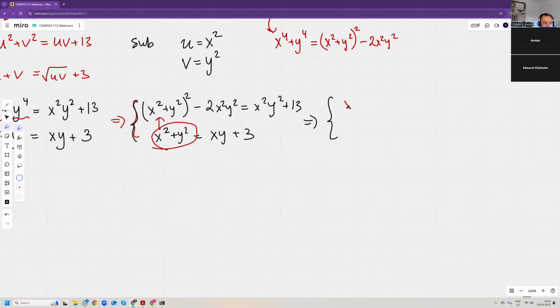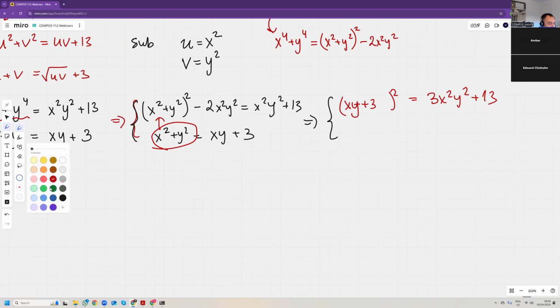So it becomes xy plus 3, squared, equals 3x squared y squared plus 13. The bottom part I'm going to keep the same. x squared plus y squared equals xy plus 3. Does that make sense to everyone?